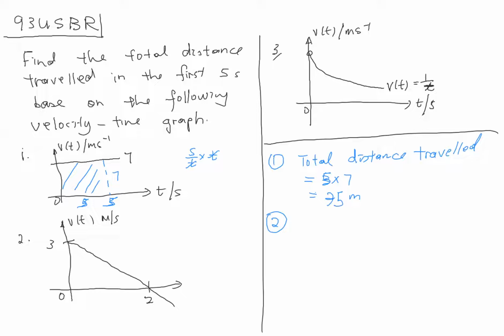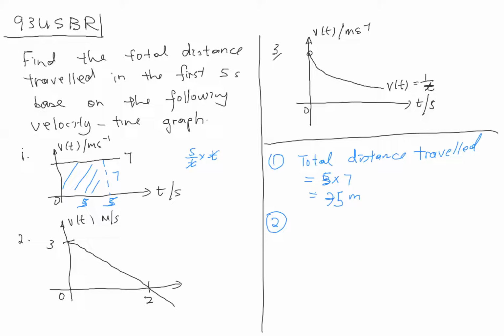So how about the second one? What do you think? How to do for the second one? Can you find the total distance traveled? It's the area bounded by the curve.